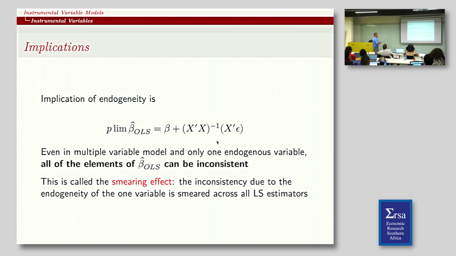Okay? But the point here is that this endogeneity can be smeared across all of the variables. Right? That's what they mean by smearing effect. This error can go up everywhere. Right? Like smearing peanut butter on bread. Okay.